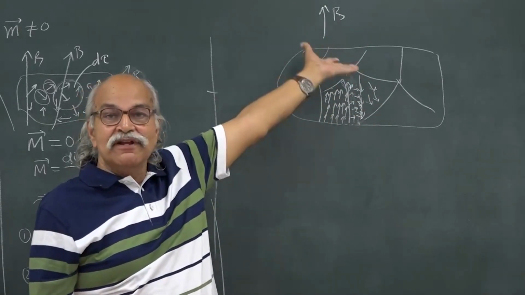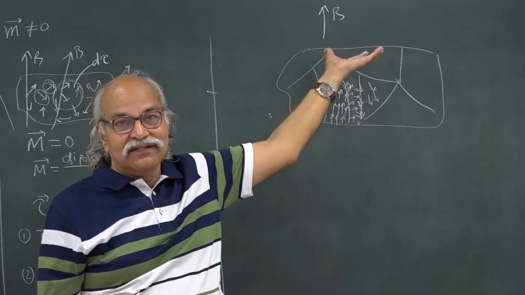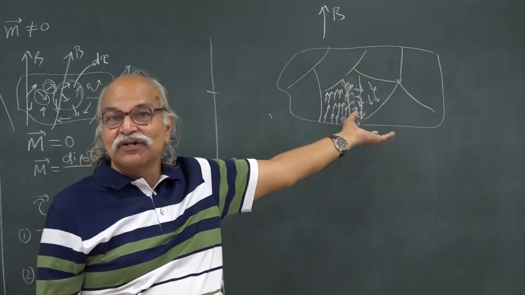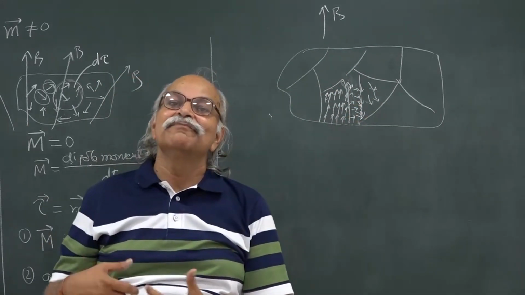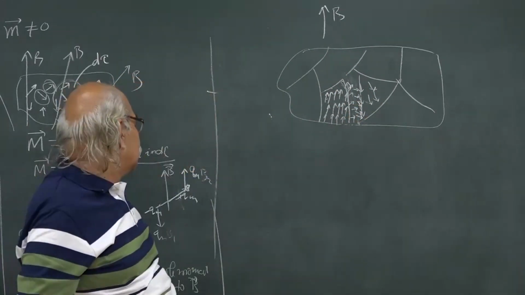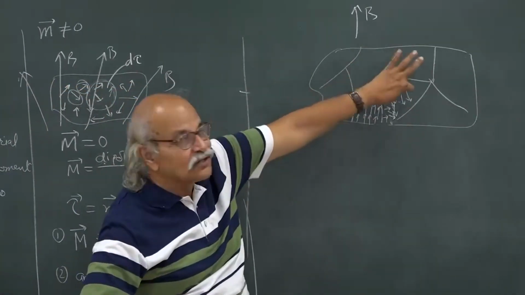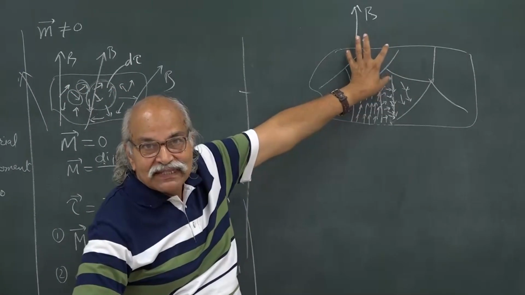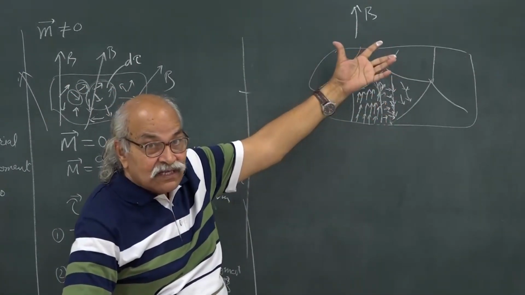A small field can do wonders. A small magnetic field can create such a domain wall shifting and create a magnetization which was zero because of the random orientations of domains. A small magnetic field can give you a large magnetization.